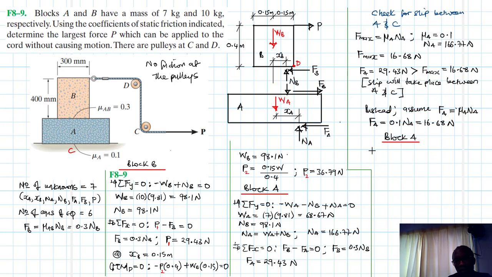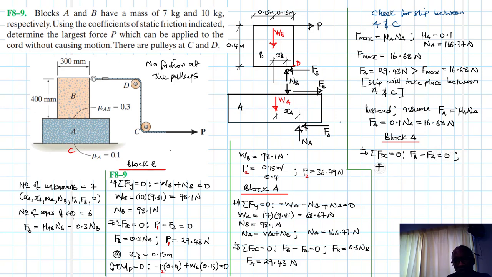Alright. So now block A, we are just concentrating on the summation of forces in the X, because in the Y, nothing changes. Block A, so we are just saying FB minus FA equal to 0.